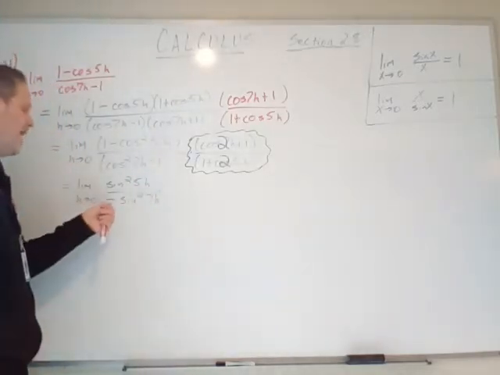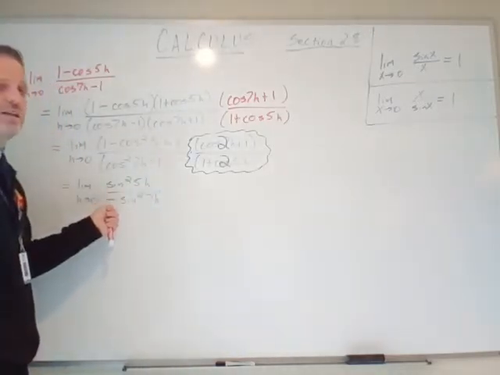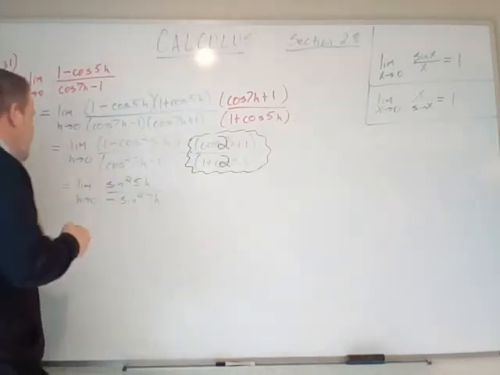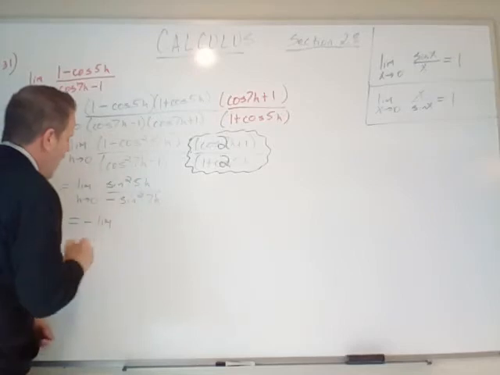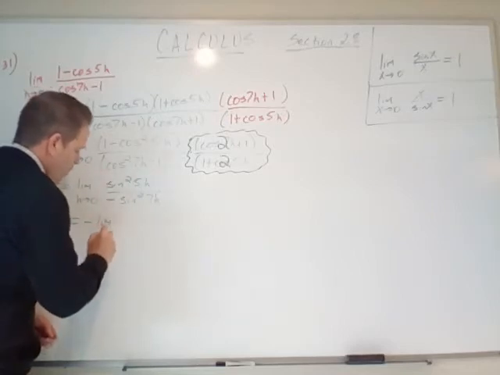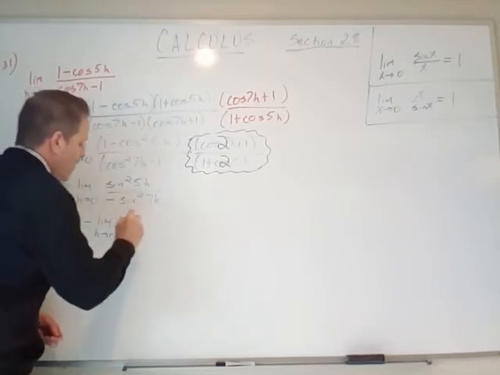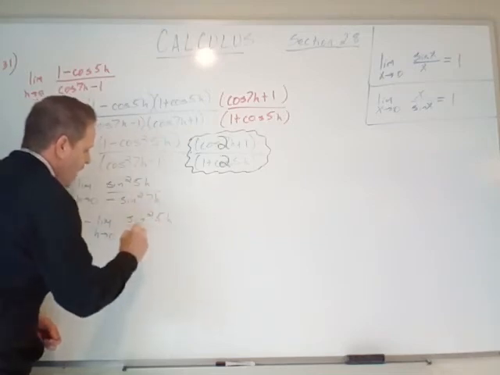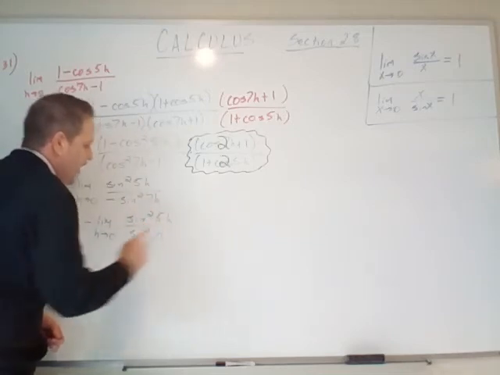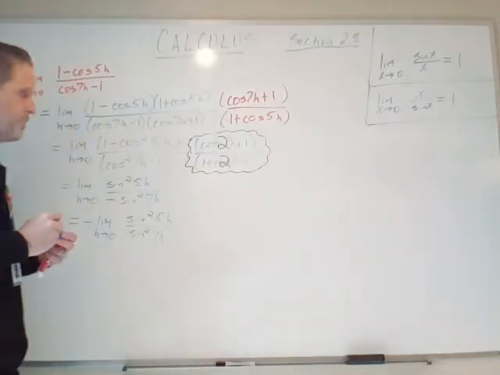Okay, well, we do have a negative sign here in the denominator. I can bring that out to the front of the entire limit. So now I have the opposite of the limit as h goes to 0 of the sine squared of 5h in the numerator over the sine squared of 7h in the denominator.